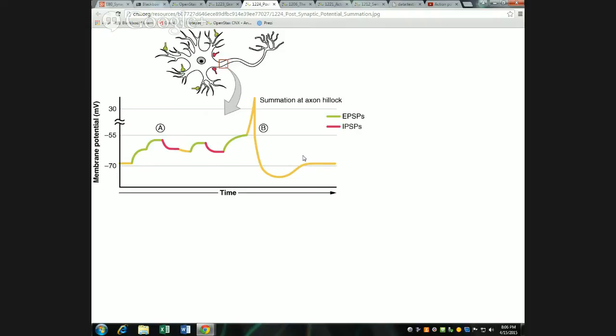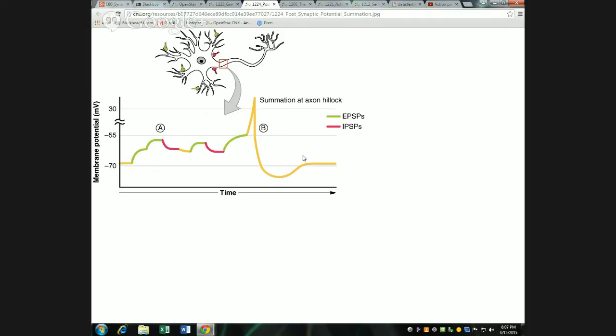When I was envisioning this picture, I was thinking it would look different, but I think this actually gets the point across pretty well. Now, the key over on the side, green is labeled EPSP, and purple is labeled IPSP.